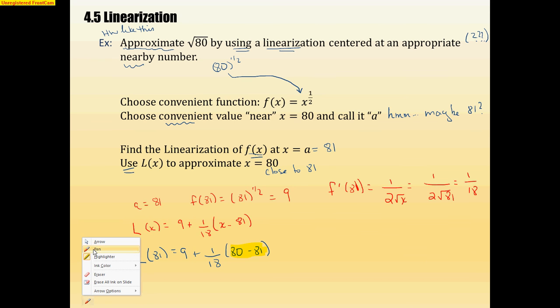So what is this? 9 plus 1/18 times 80 minus 81, which is -1. Right, so that is 9 minus 1/18.